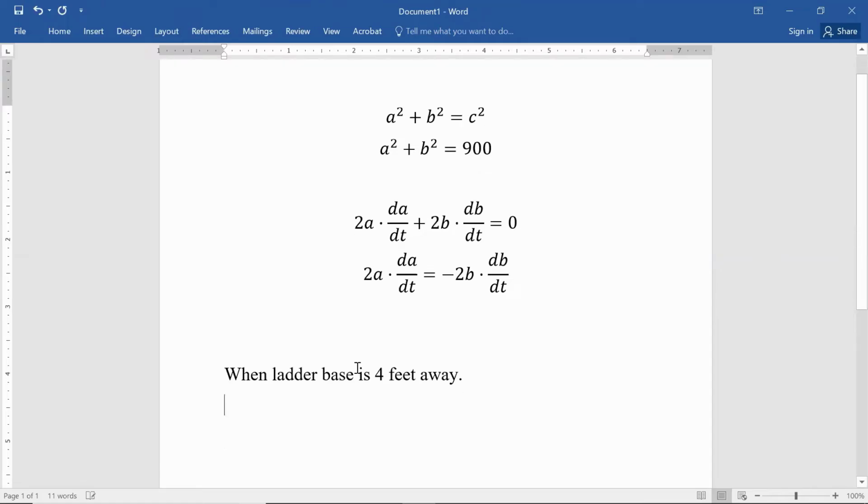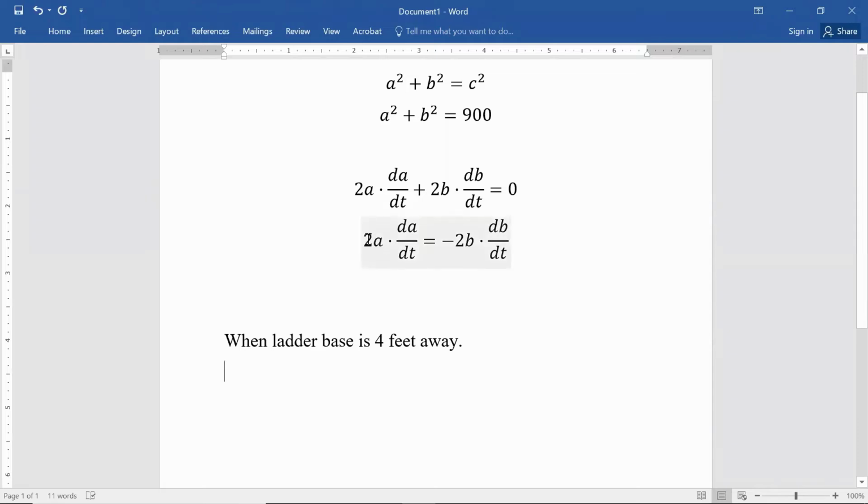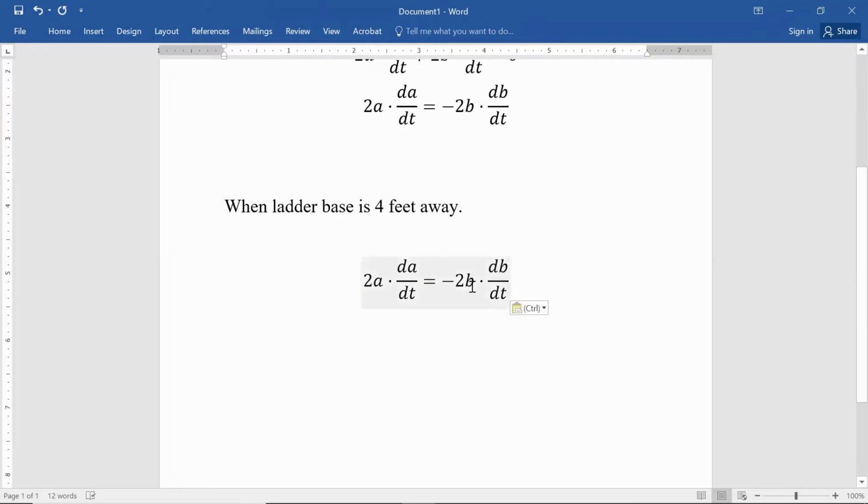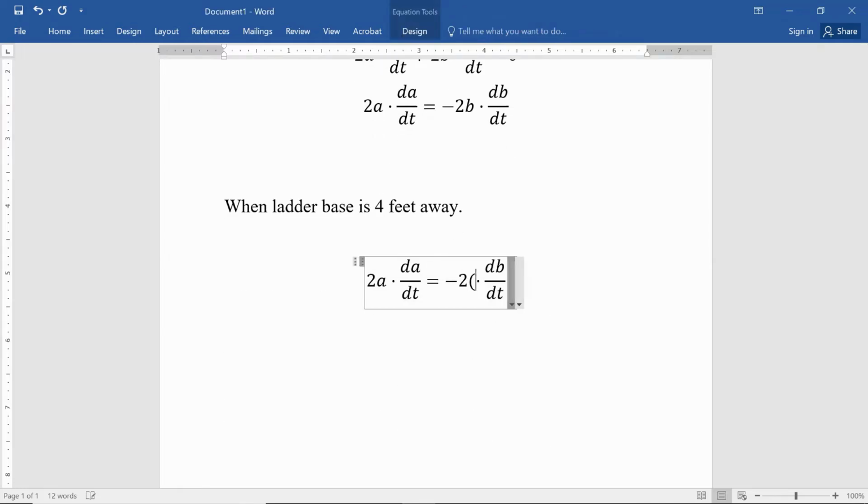So the ladder's base being 4 feet away means I called the base B and then the height on the barn A, if you recall. So that means that this B becomes a 4. The problem also said that the ladder is moving away from the wall at a rate of 1 foot per second.